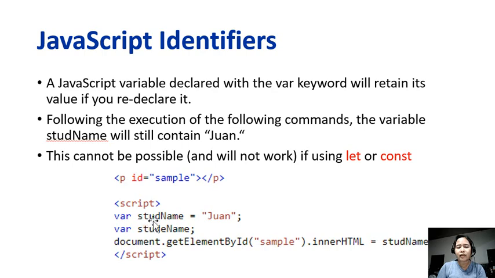So you have declared stood name and assigned it a value of who1, and then you redeclared it again using exactly the same name, stood name without an E. That is allowed in JavaScript, and in this case it will still display the value of who1 on your placeholder paragraph.